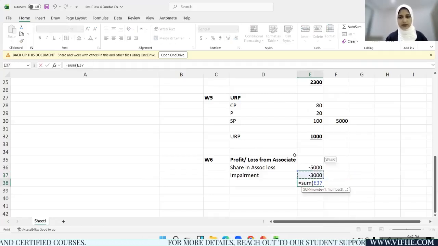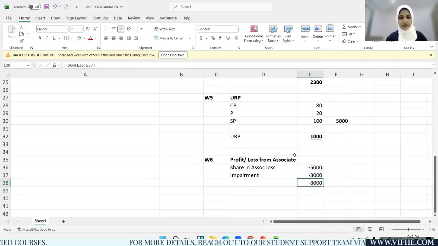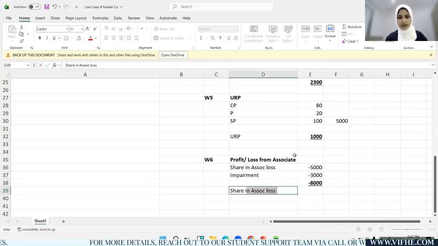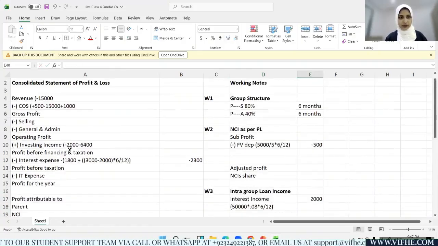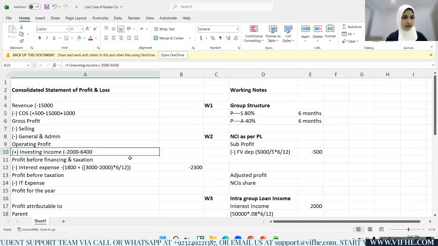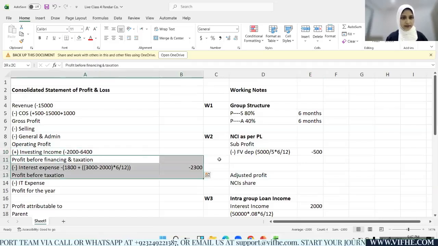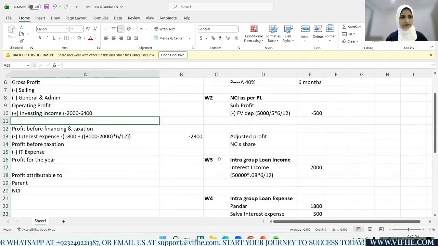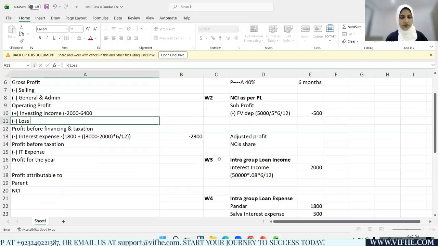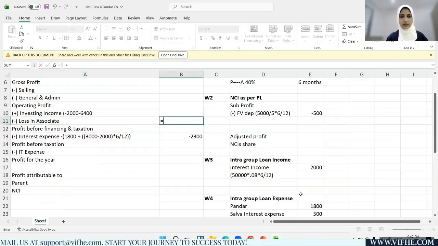So total is this much. So share in associate's loss for you, negative 3,200. So take the negative 3,200 in the investing side. Loss in associate, I'll link it, is equal to.